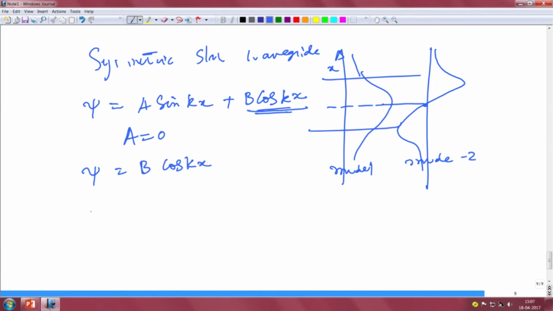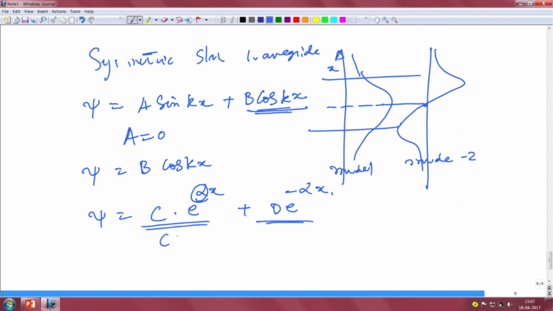Similarly, if we look at the field in the cladding region, where we have psi equals c into e power alpha x and d into e power minus alpha x, we have chosen the field to be going to 0 at infinity. So, if we take alpha as a positive quantity, this field should decay in the cladding if we choose only this part of the field.